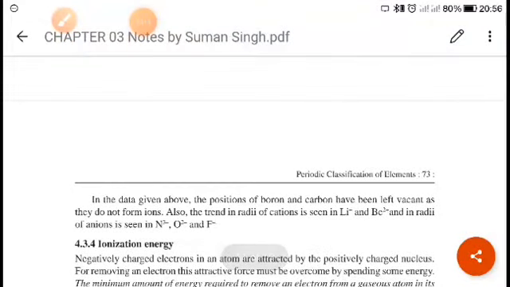Now next is ionization enthalpy. Okay, but before ionization enthalpy, I will tell you about one concept called isoelectronic ions. So isoelectronic ions means what?